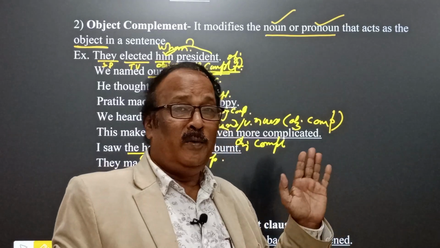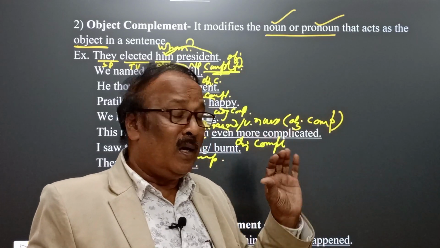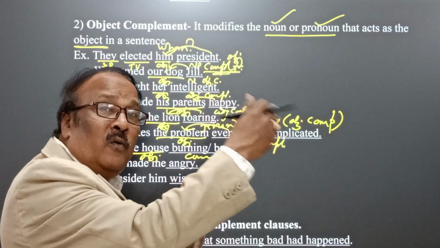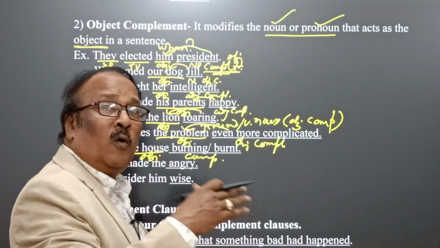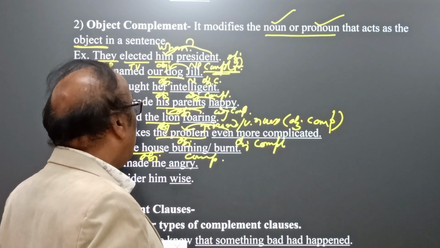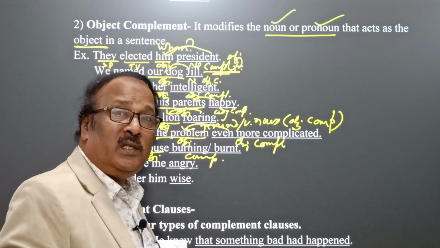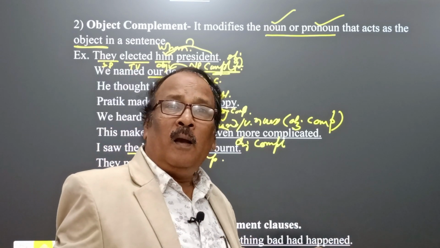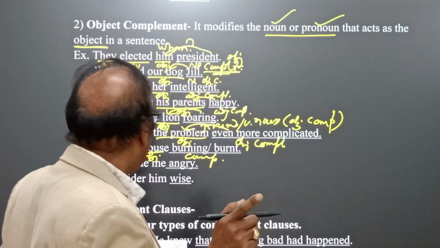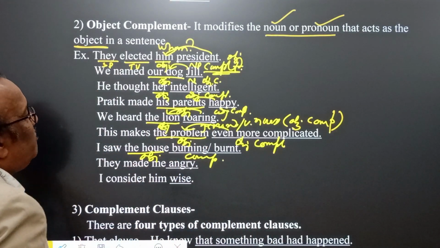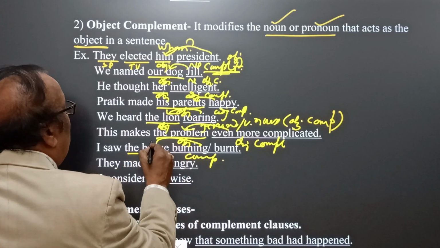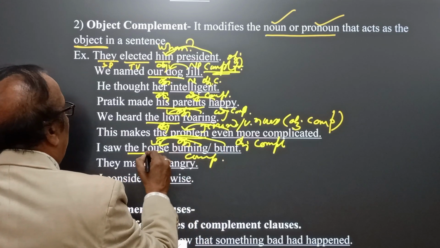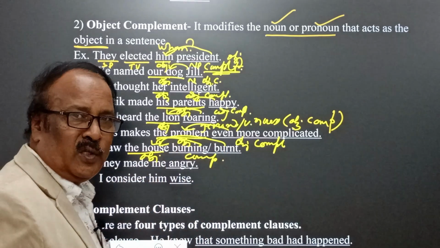Two meanings arise here. Burning means the house is continuing to burn, but burnt means the house has already been burnt by fire. Yes, this is the matter. Here we find I saw the house burning or burnt, and burning or burnt, both are qualifying the house, which is the object.